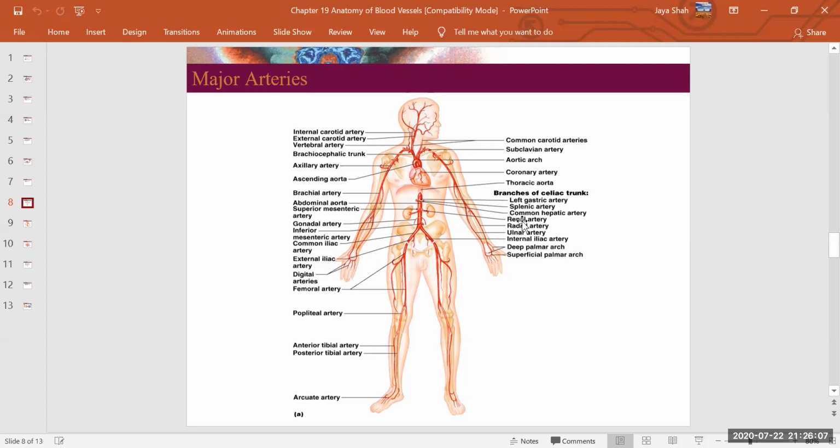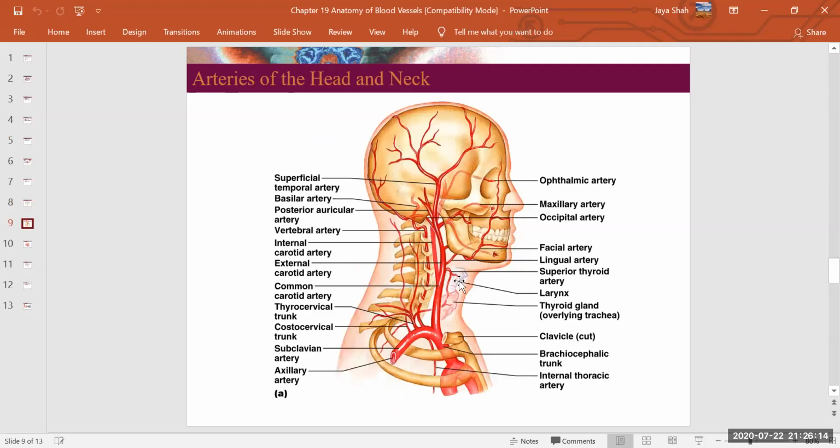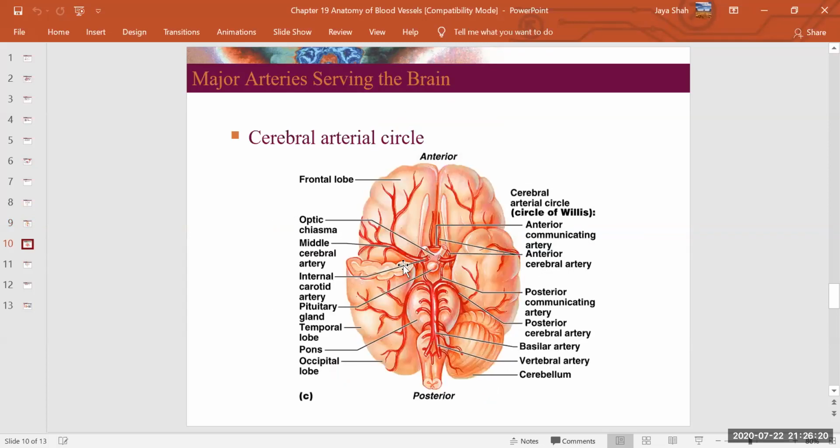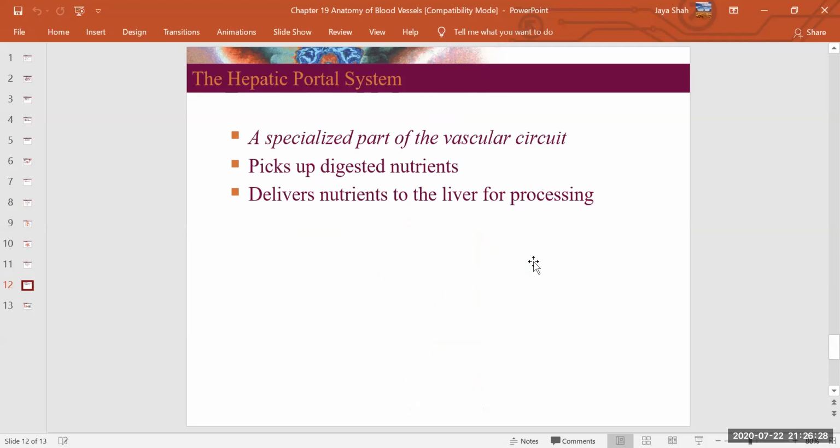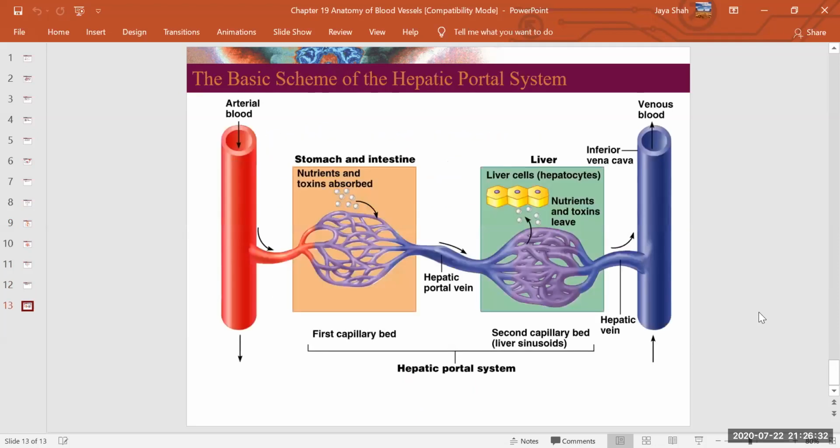So artery always carries blood to the body. This is the blood vessel in the head and neck region. Here are the blood vessels in the brain. Here are the veins in your body. And here is the hepatic portal circulation. This is important circulation. Okay.